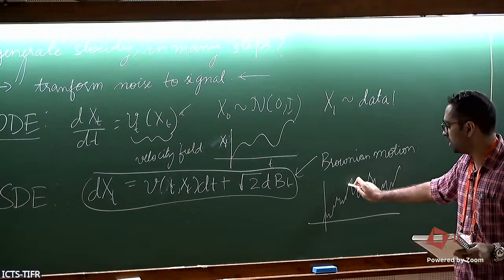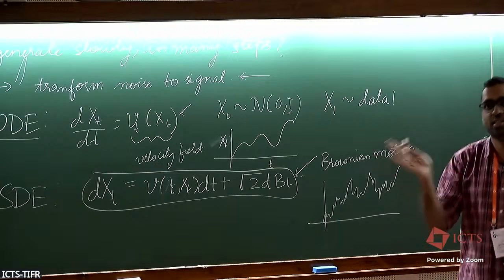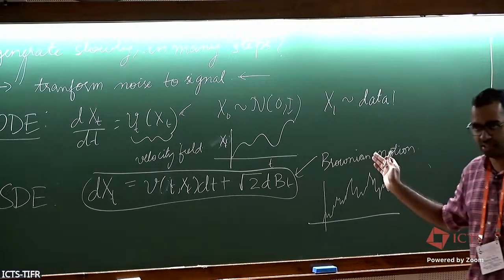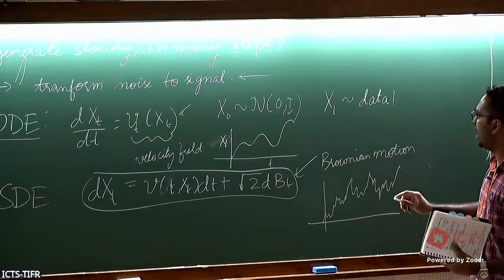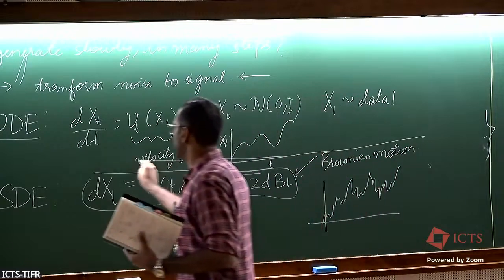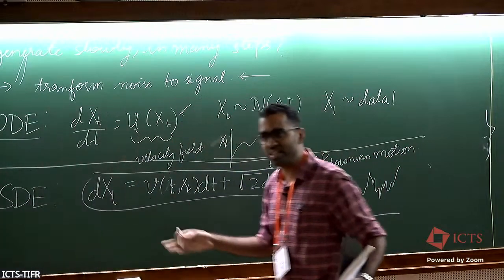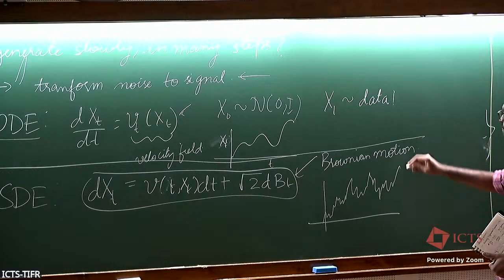It's not differentiable anywhere. It's actually Holder continuous with an exponent less than half, so it's not even Lipschitz anywhere. So it has to be properly interpreted, and we will study these two paradigms of generative modeling because they're very related. The techniques are very similar, and you can go back and forth between these two ideas.